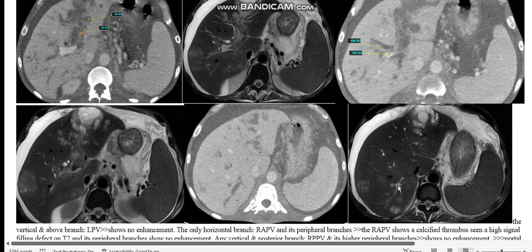So the right posterior portal vein on MRI should show the signal void. Here there's a thrombus, non-calcified. The right posterior portal vein is not enhancing here. This is the normal enhancement. This is the non-enhancing vein.